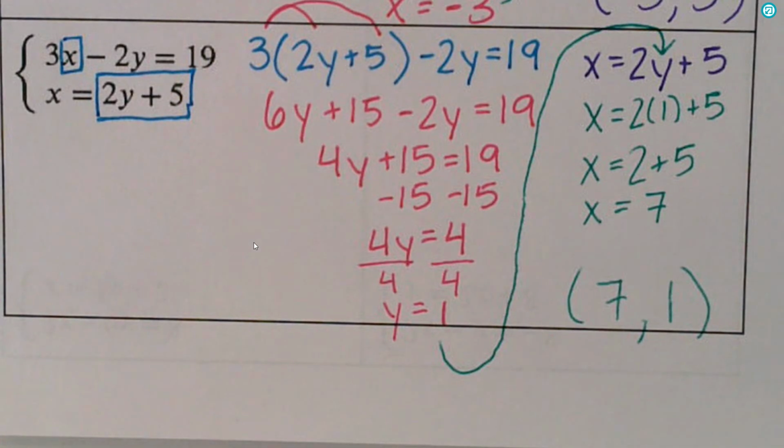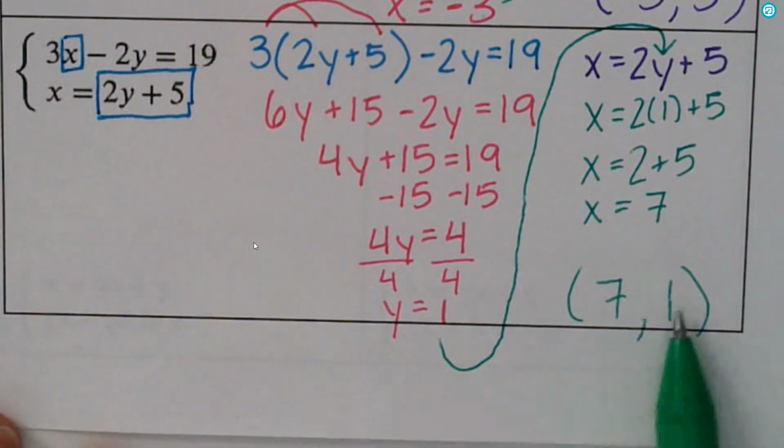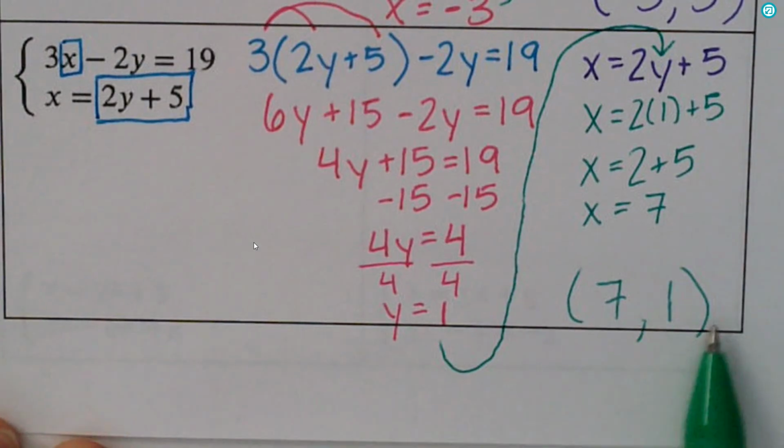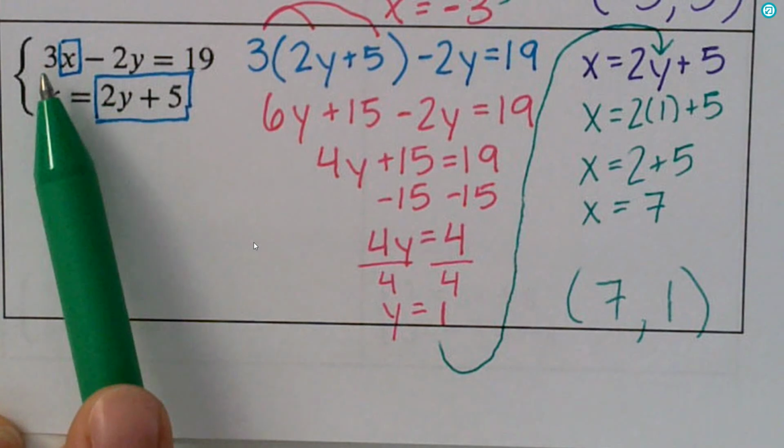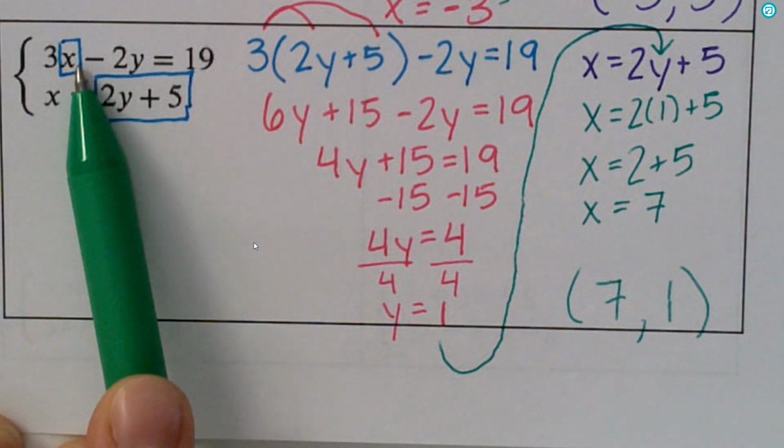Okay. Questions right now? Okay, there's 2 more on the back. They're super fast. Don't flip over yet, though. I want to show you, you can check your answers here. This is my x and this is my y. So if I wanted to plug these back in, I would plug them in for x and y back into my original equations. What's 3 times 7? 21.